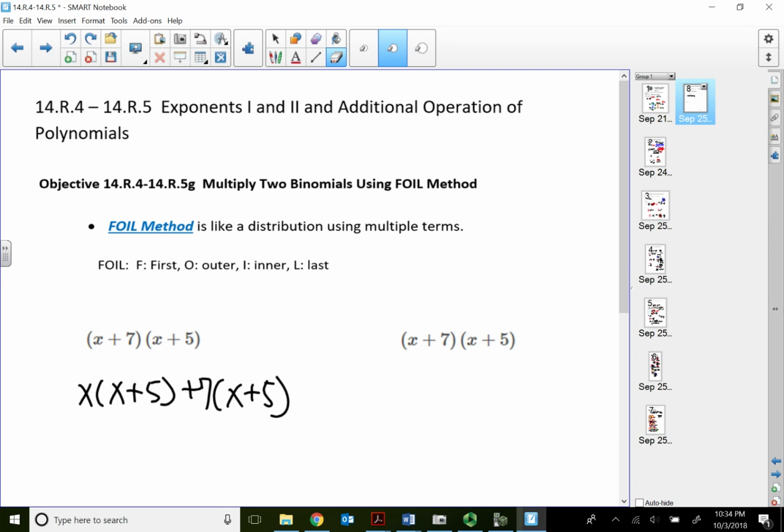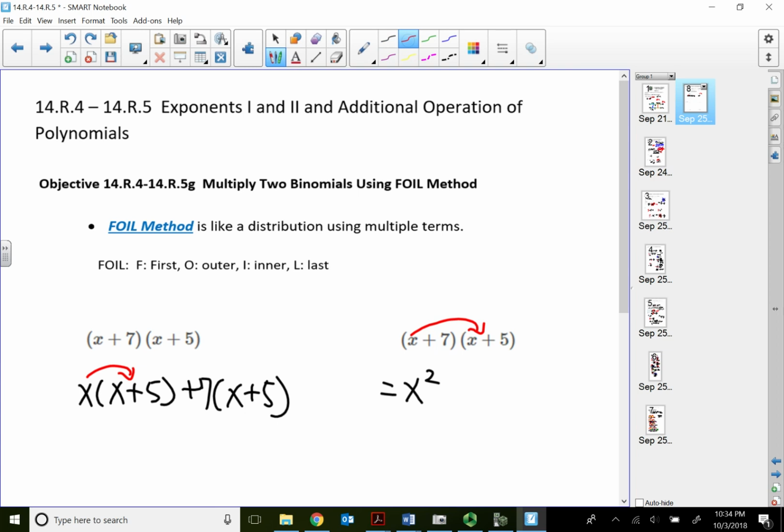So when I'm looking at this problem in this fashion, the very first thing I do is x times x. With the FOIL method, having two terms times two terms, the first thing I do is x times x, which gives me x squared. 1x times 1x is x squared. When I multiply the variable, I have to add the exponents.